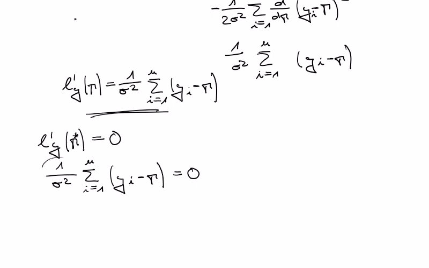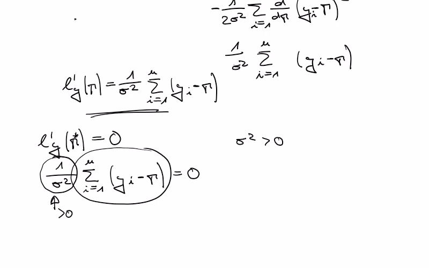One thing is this term, and one thing is this term. Sigma square is always larger than 0, and actually we know sigma square. So this term here is always larger than 0, which means that this expression on the left-hand side can only go to 0 if the sum term is 0. So we can simplify that further.